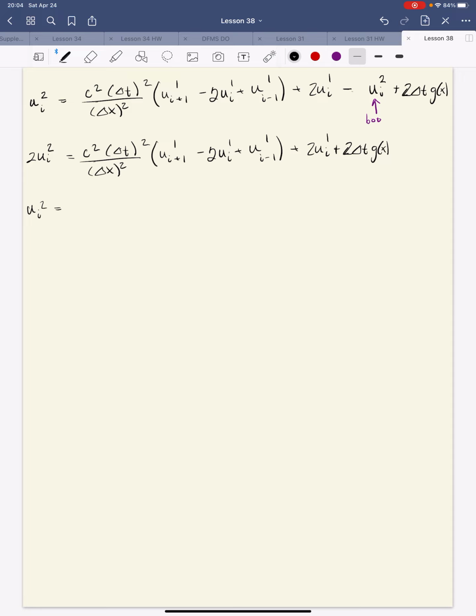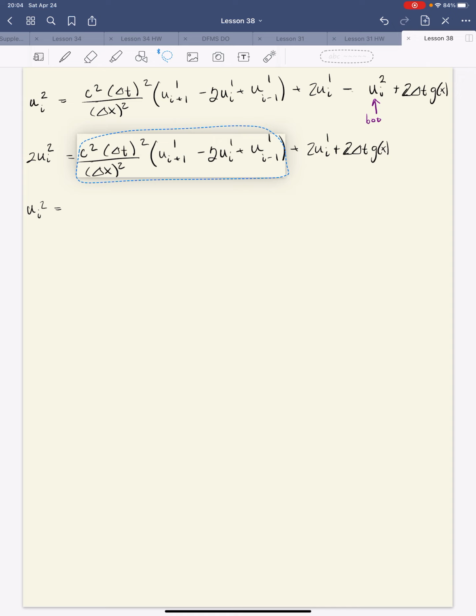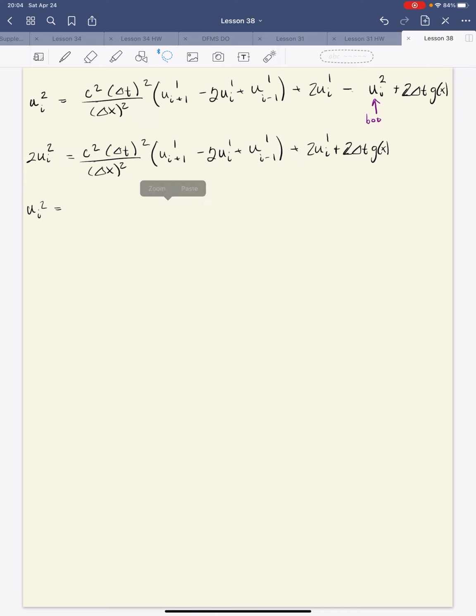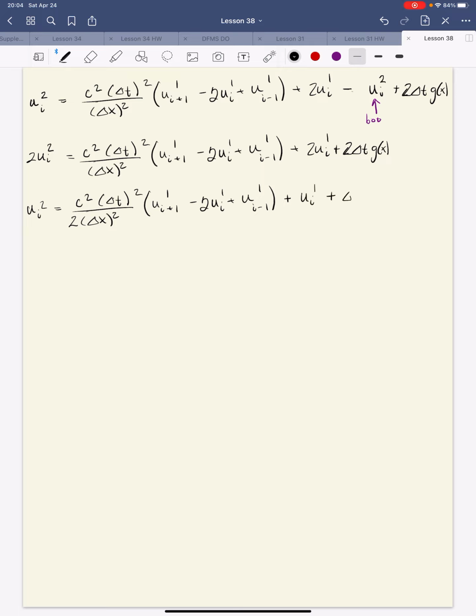The only difference with the first term is I'll end up with a 2 in the denominator out front. So I'll just have a 2 here. And if you multiply every single term by 1/2, we cancel the 2 coefficients out front in the next term. So it's just plus u sub i1 plus delta t times g of x.